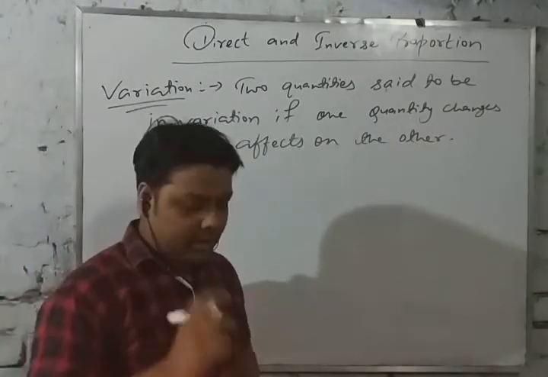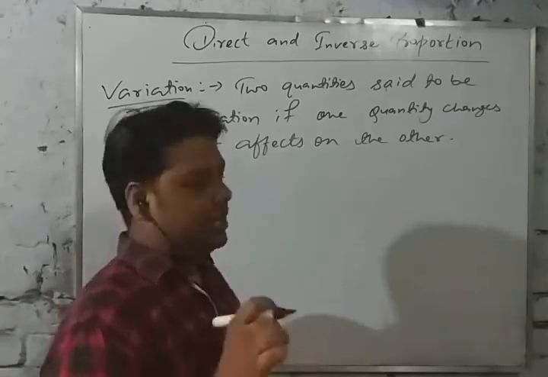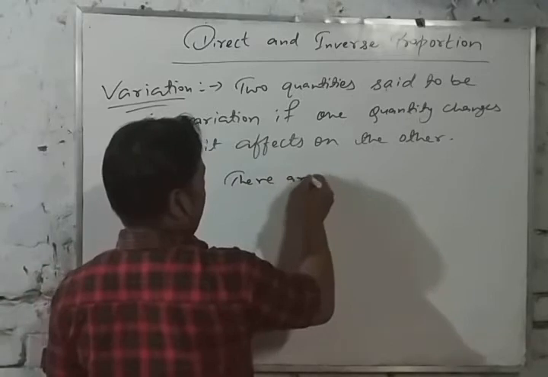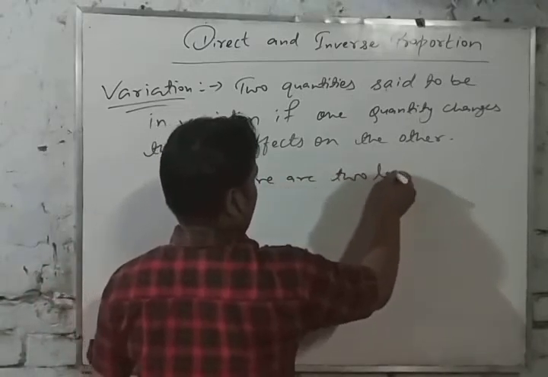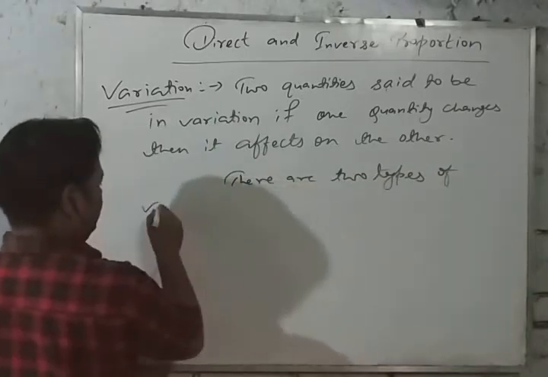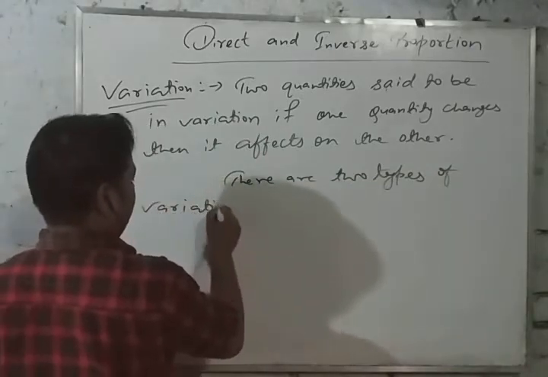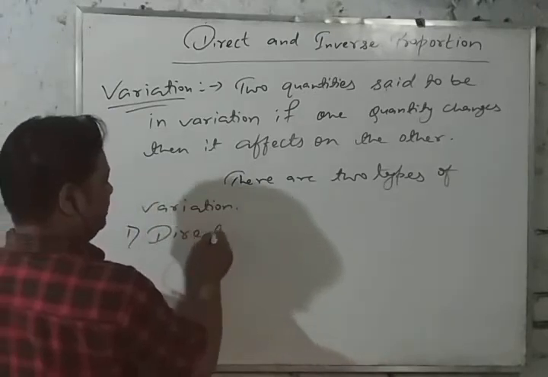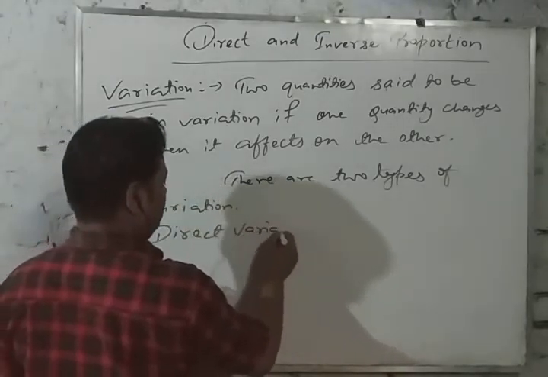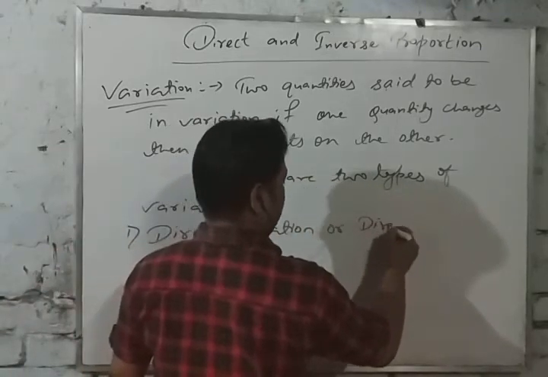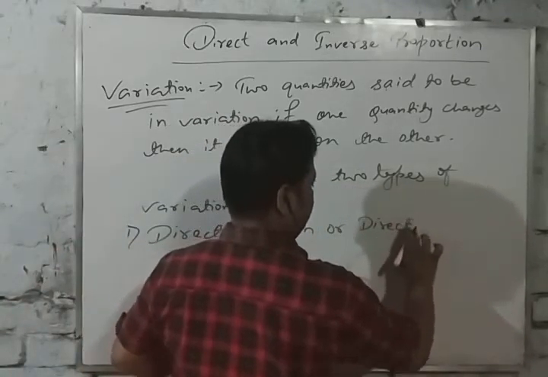There are two types of variation. The first one is direct variation, or we can say direct proportion also.